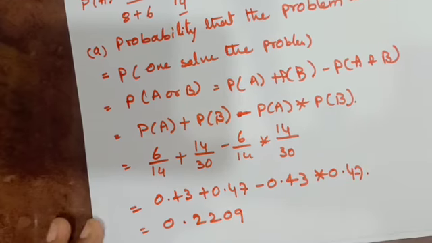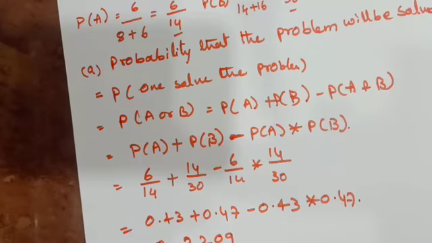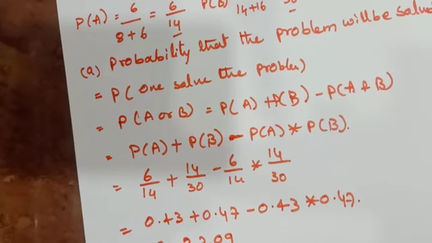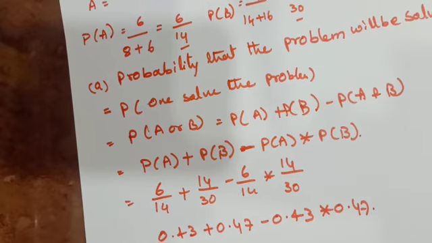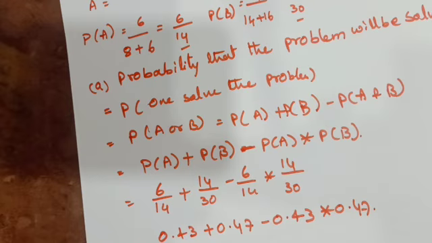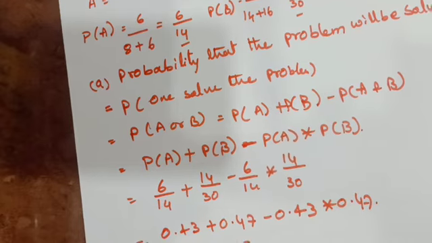As in the case of events which are independent, and the situation is any one of the students will solve the problem. If we convert into percentage, multiply with 100, you will get it in terms of percentage, so that it is easy to interpret.